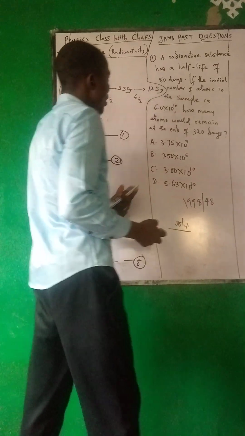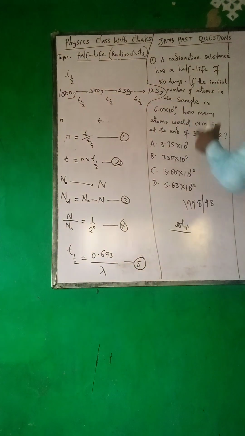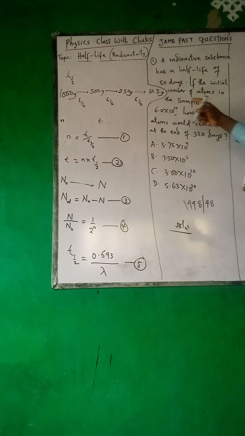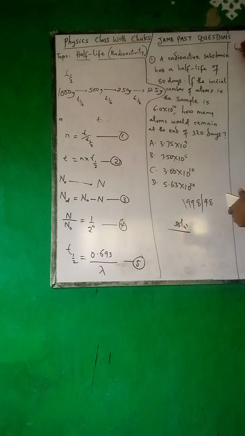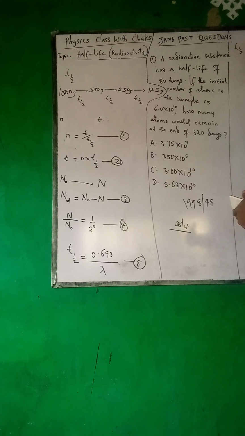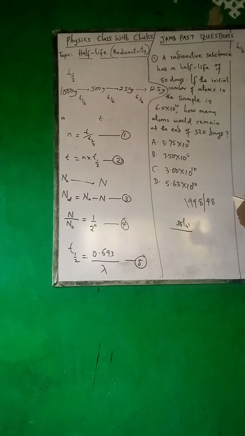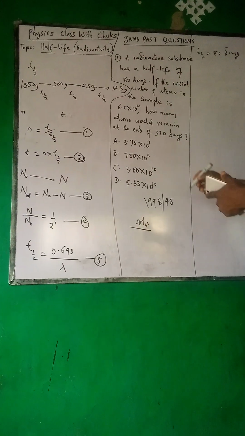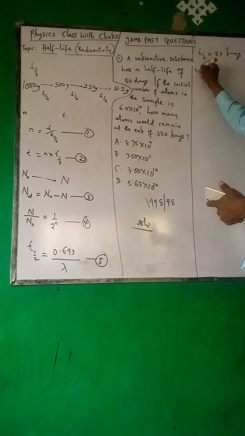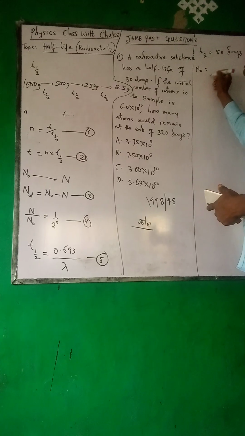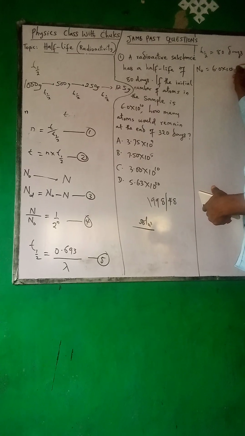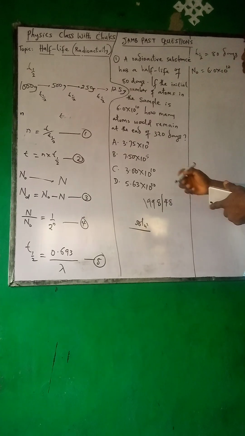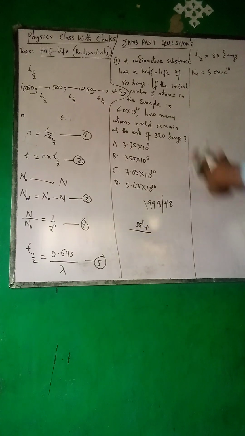So half-life, which is T half, is 80 days. If the initial number of atoms in the sample, so my N0, is given to be 6.0 times 10 power 10, how many atoms would remain?